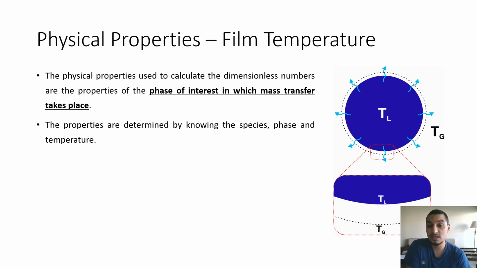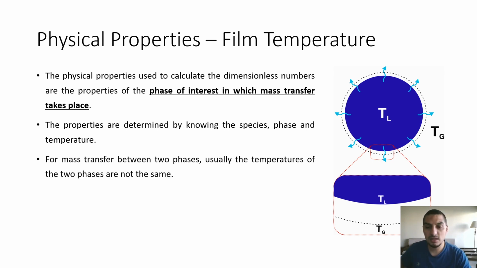So you have to know exactly what is the temperature at which you are calculating the physical properties. It is very well known that you can have tables for the properties as a function of temperature, and you can see, for air, for water, for any liquid, for any gas, that the properties will change with temperature. So you have to make sure that you are picking the right temperature.